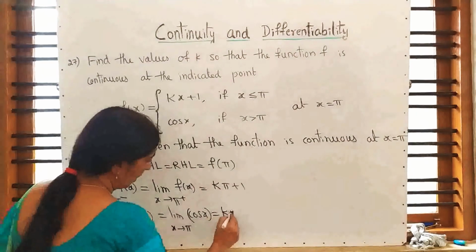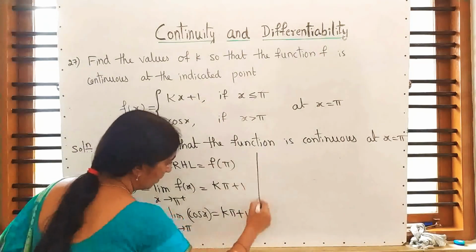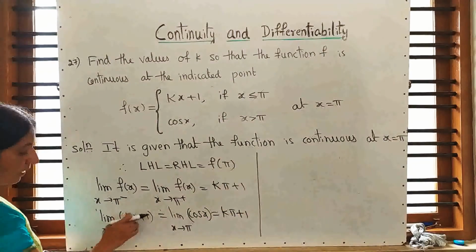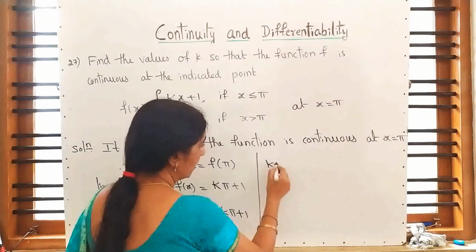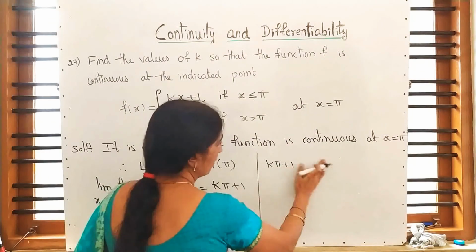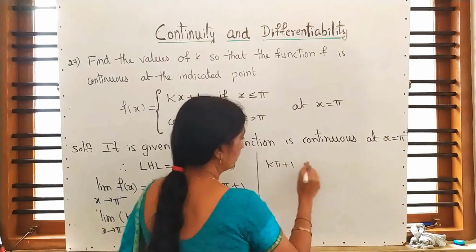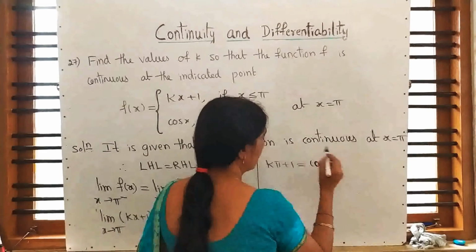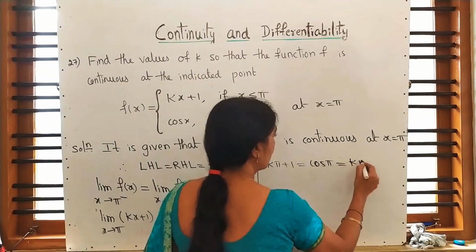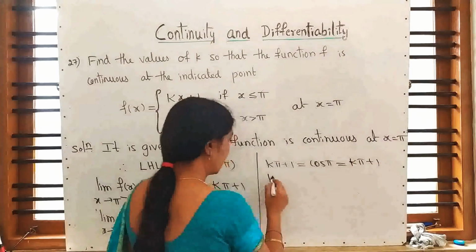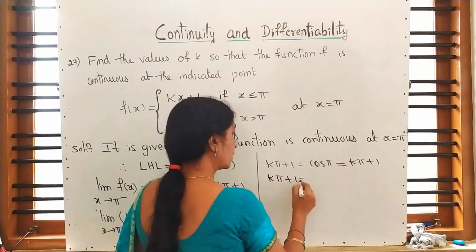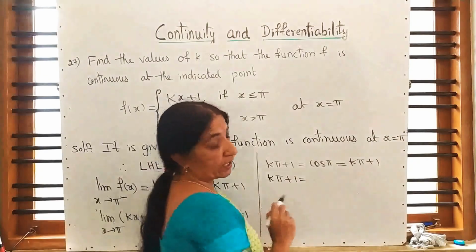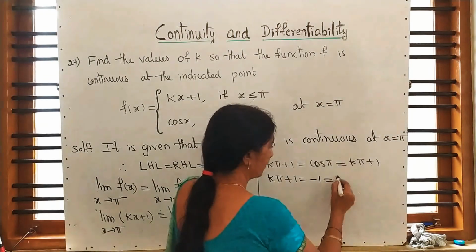Now in place of x we are writing pi. k pi plus 1 is equal to cos pi. This left side as it is. What is cos 180? Pi is 180. Cos 180 is minus 1.